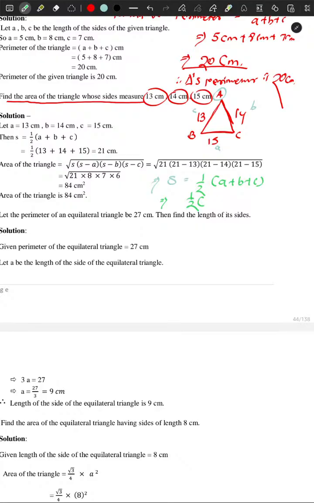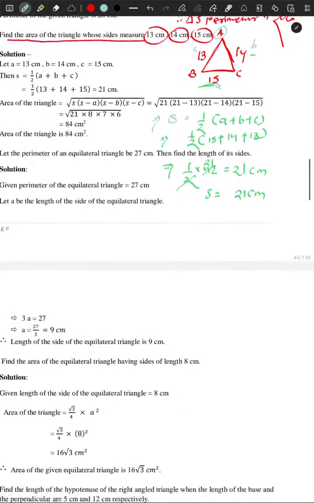Half into a equal to 15, b equal to 14 and c equal to 13. Then 29 and 13 is 42, half into 42 is 21. So s equal to 21 cm.